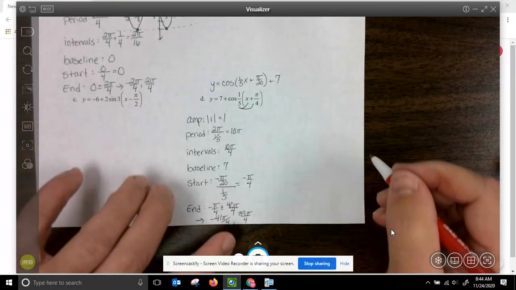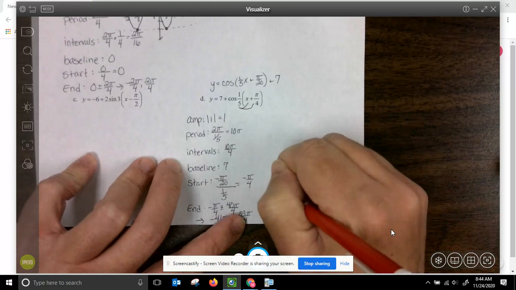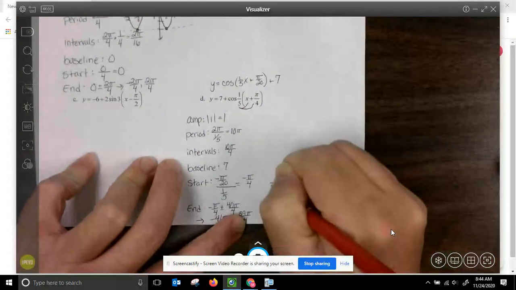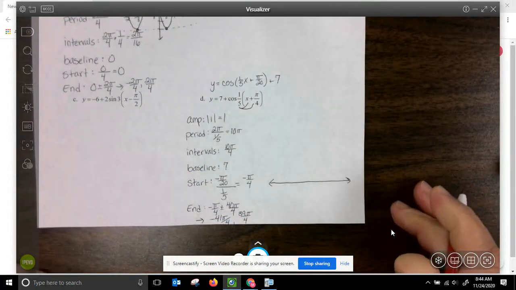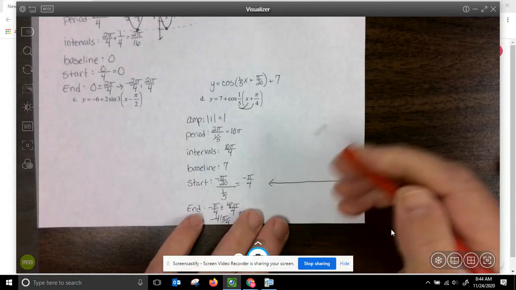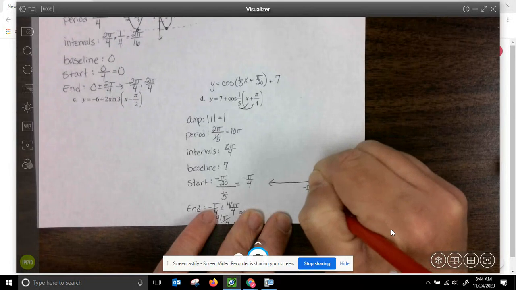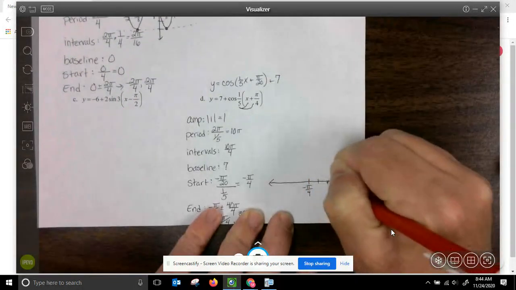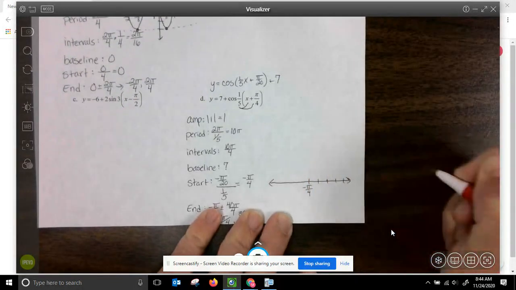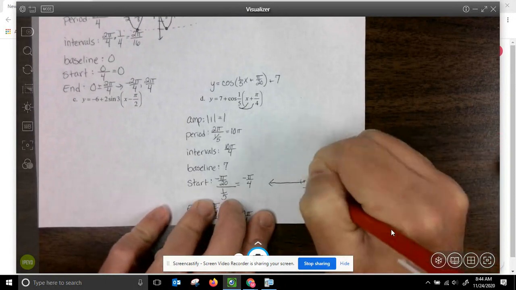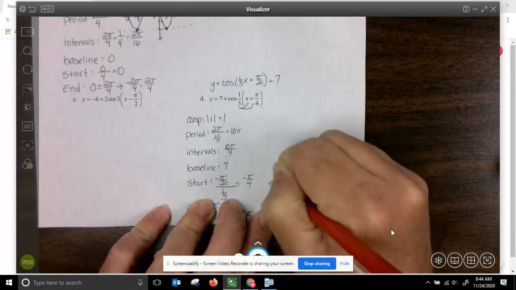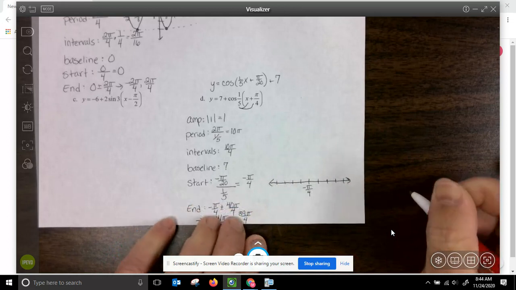Okay, so again, we just want to start with an x-axis. All right, we always put our start right in the middle. So this is negative pi over 4. Again, I want 1, 2, 3, 4 tick marks to the right, and 1, 2, 3, 4 tick marks to the left.